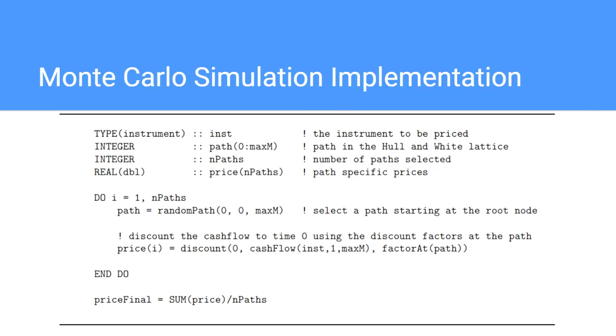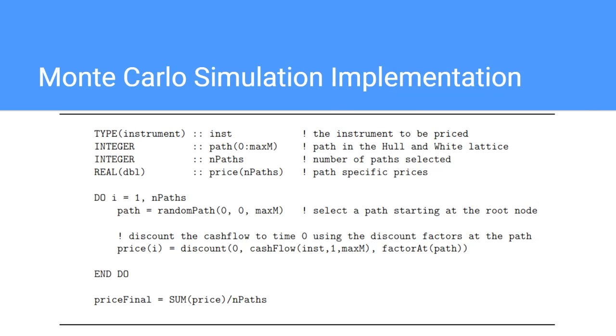We will store the number of possible paths of this graph. We will store the number of paths that were selected, and then we will store the specified prices of each calculation. So we will initialize, and then the algorithm will work as follows.